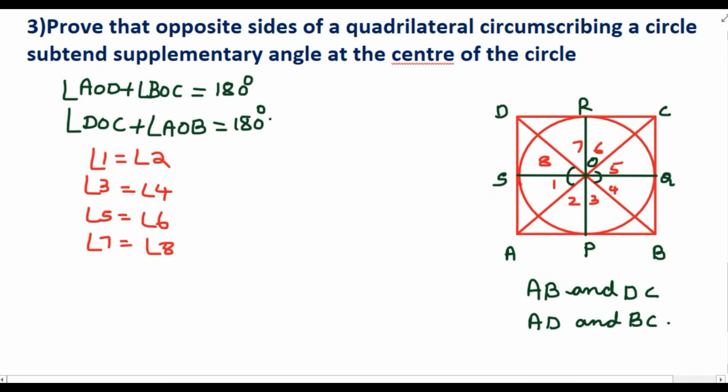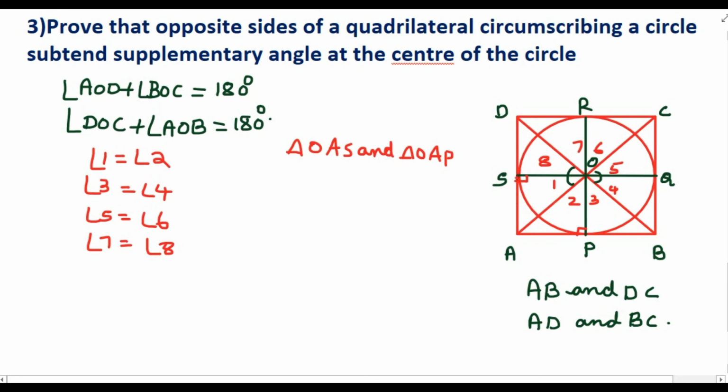Consider these two triangles, OAS and OAP, for example. We know that this angle is 90 degrees, and here also this angle is 90 degrees. So one angle is equal for both of these triangles.